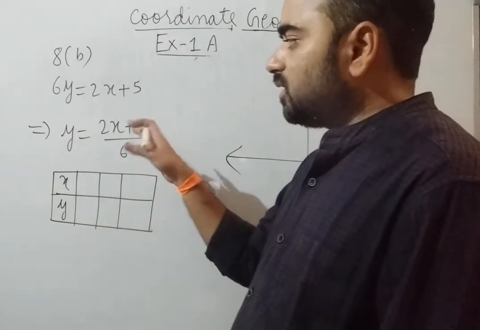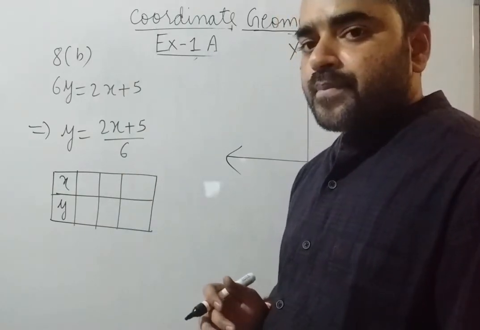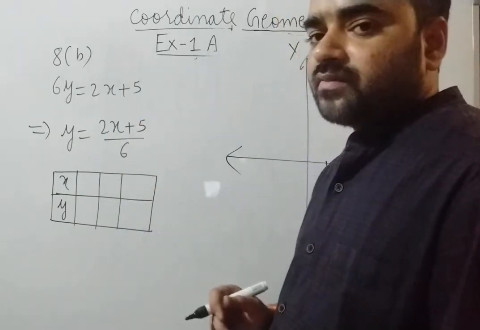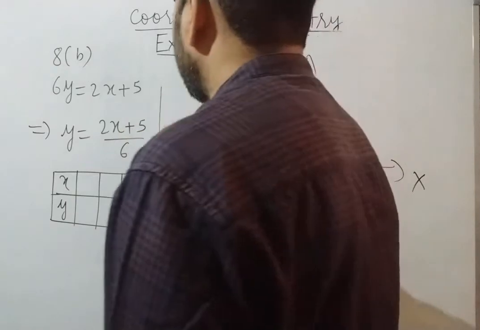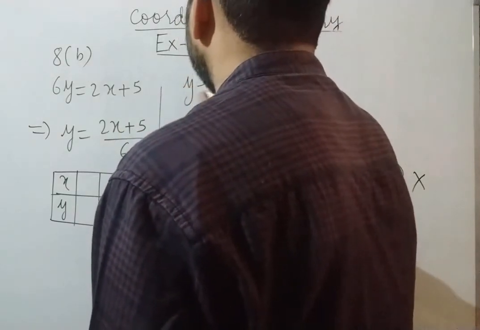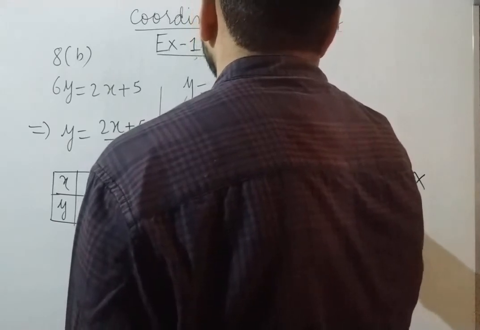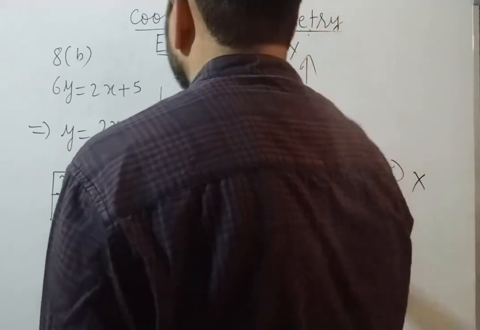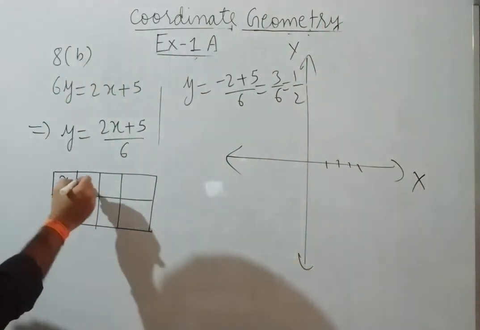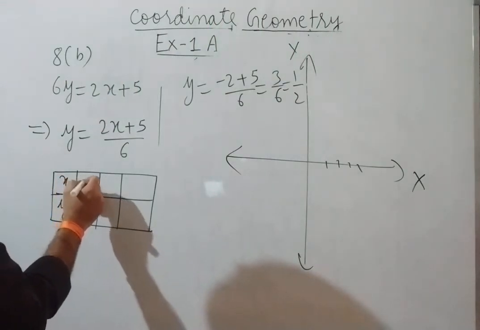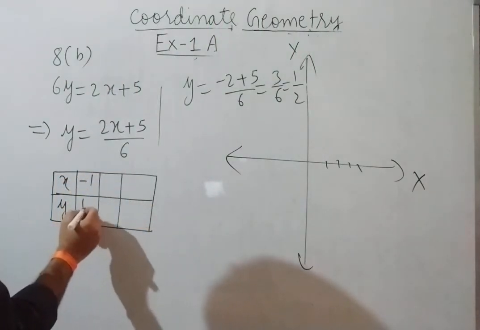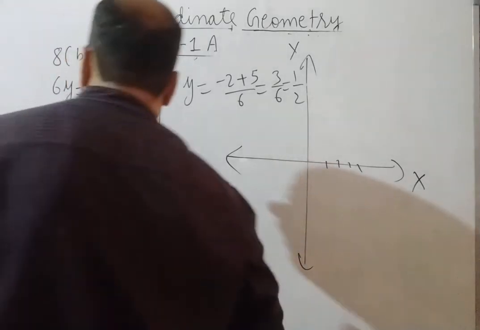Now if x is equal to minus 1, then what will come? y will be (minus 2 plus 5) upon 6, that is 3 upon 6, which means 1 by 2. So we can take x equal to minus 1 and y equal to 1 by 2. Correct? One we have taken.